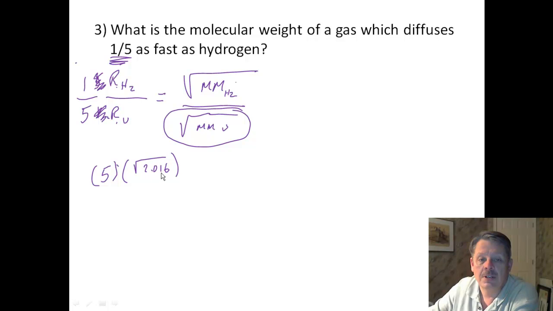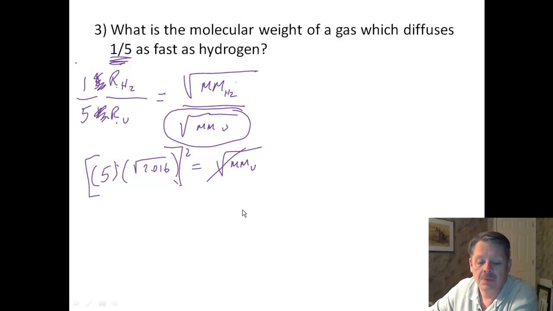If I take the square root of 2.016 and multiply it by 5, this is going to be equal to the square root of the molar mass of my unknown. So I have to take this entire thing and square it, and that will get rid of the square root sign, which will give me the molar mass of my unknown.